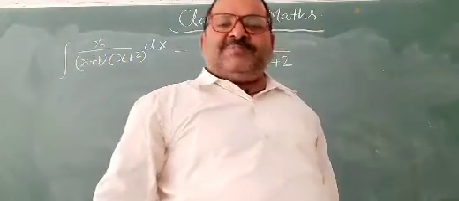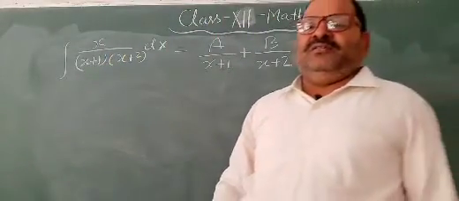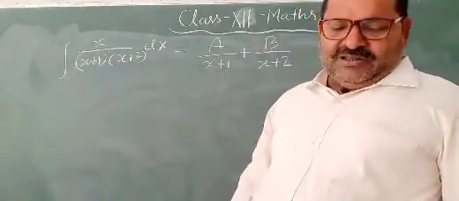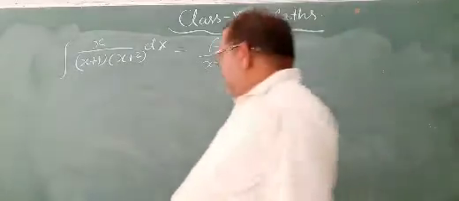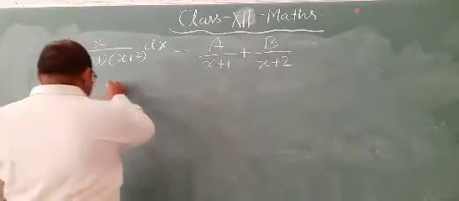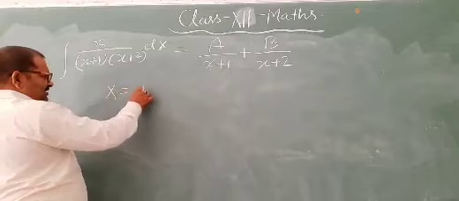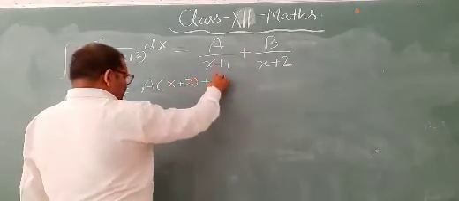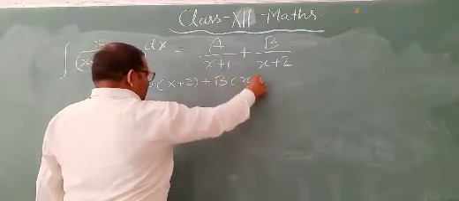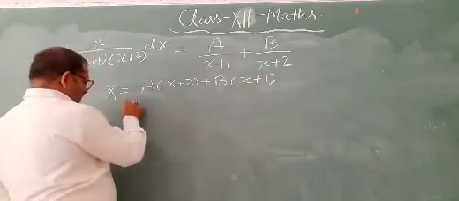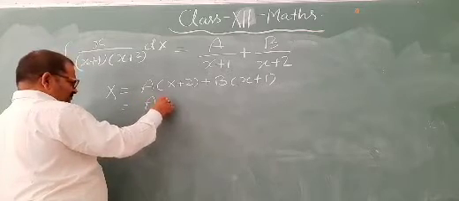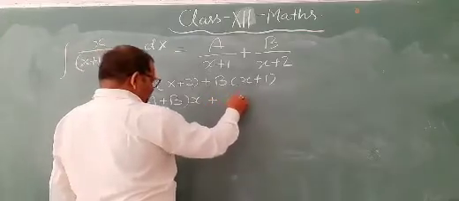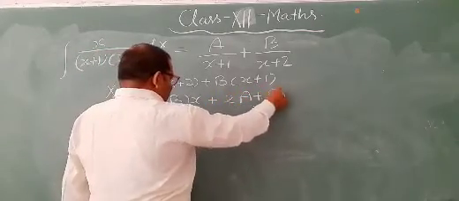And x is equal to a(x plus 2) plus b(x plus 1), equal to (a plus b)x plus (2a plus b).